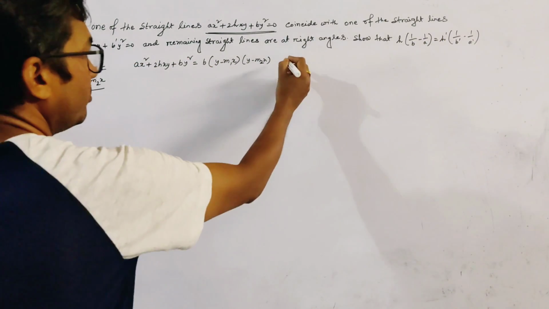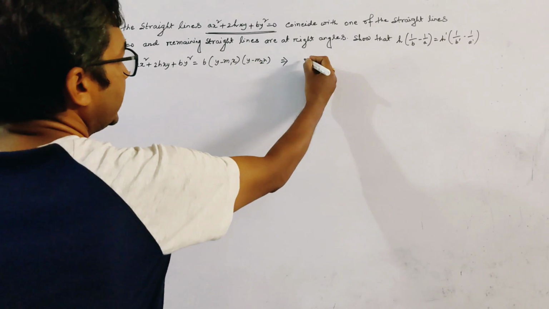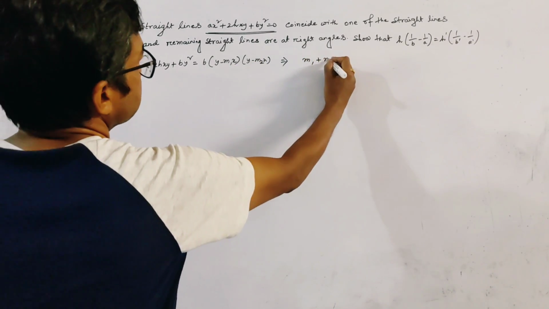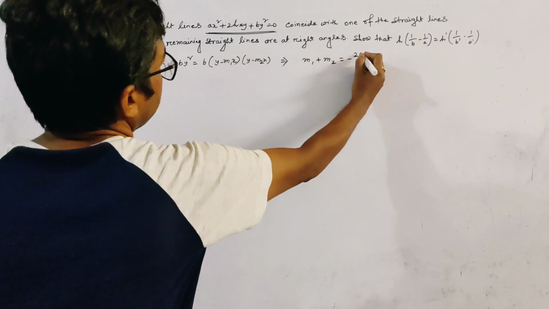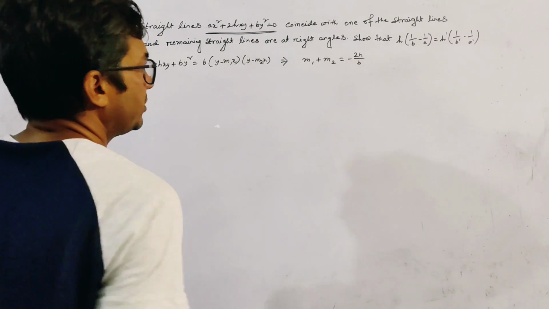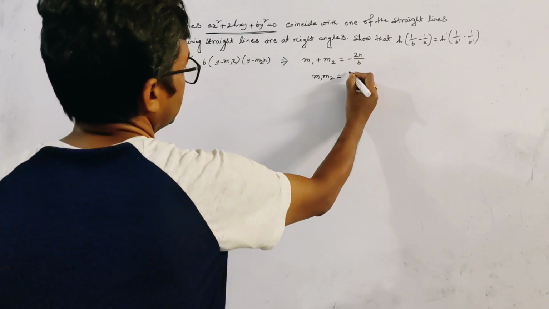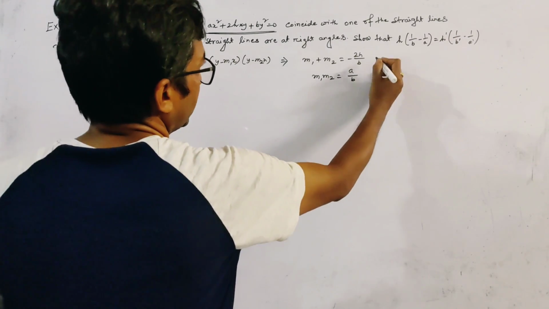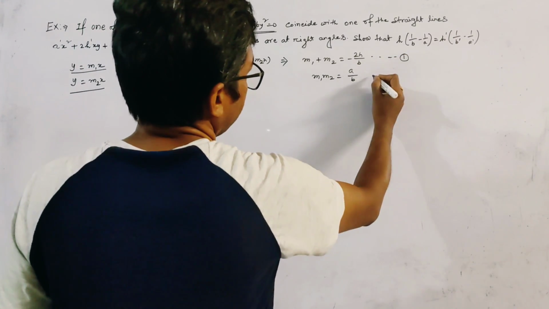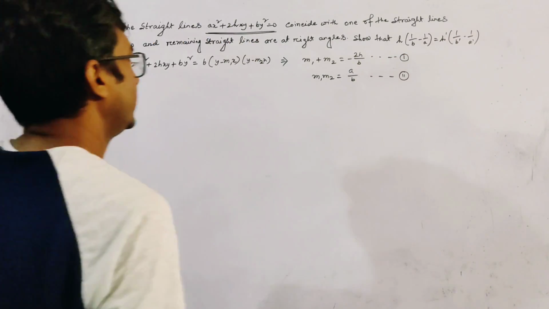Comparing both sides, we write directly m1 + m2 = −2h/b, and m1m2 = a/b. This is named as 1 and this is 2.